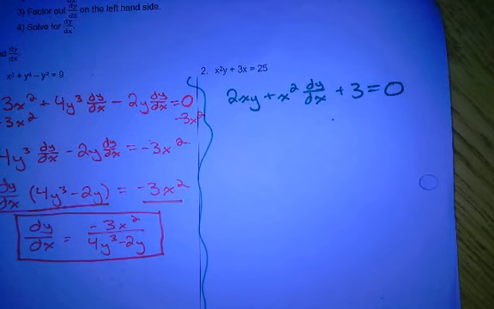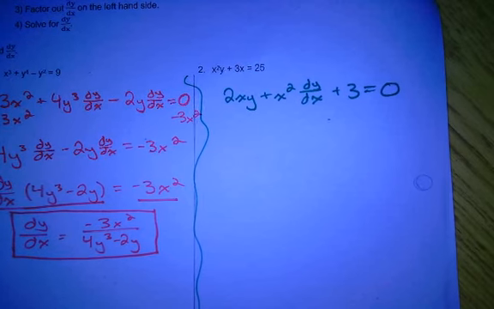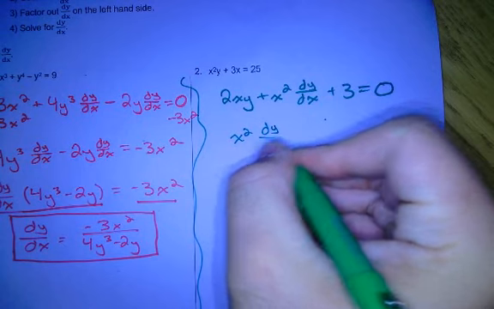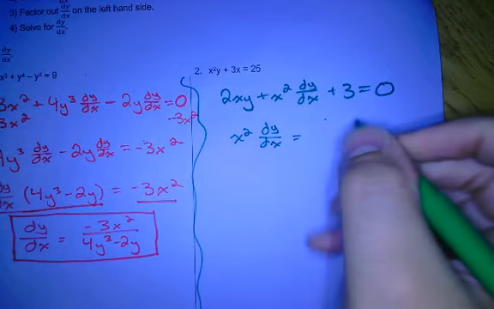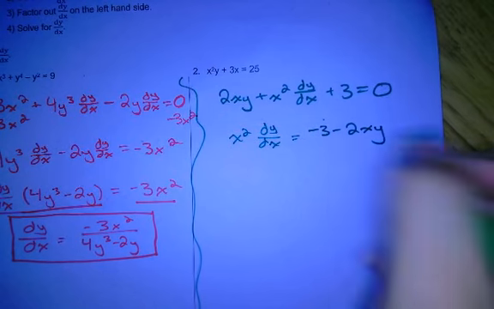Does the 25 not mean anything? It just goes away. What's the derivative of 25? 0. Goes away.